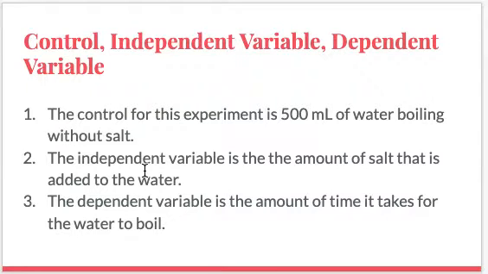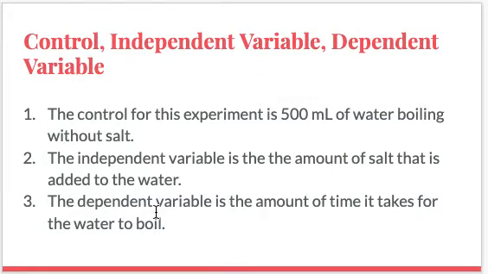Then my independent variable is the one that I am changing. So the independent variable is the thing that I'm changing. So for this, it is the amount of salt. One time I had low salt, one time I had high salt. The amount of salt is my independent variable.